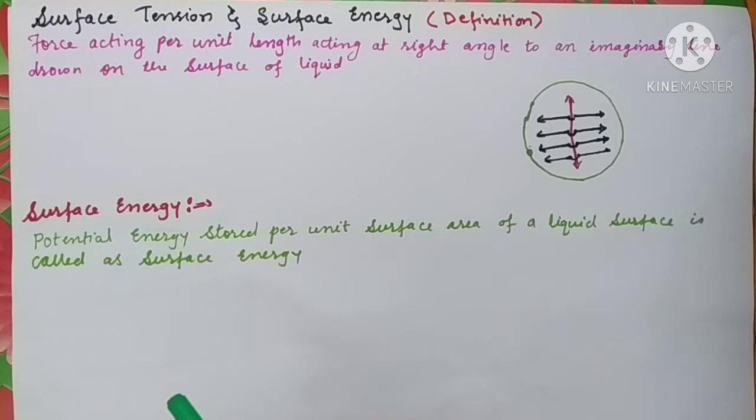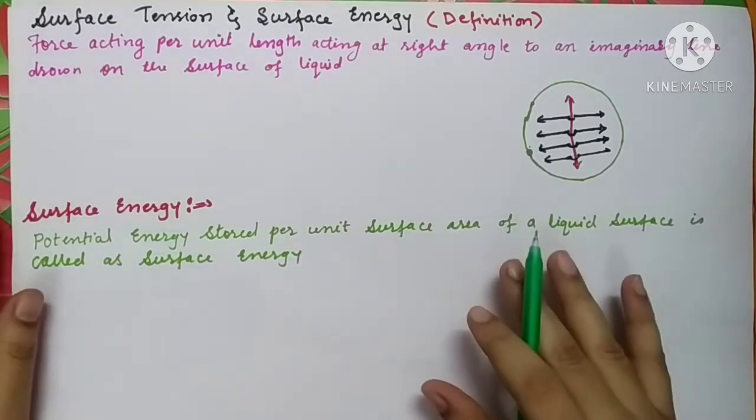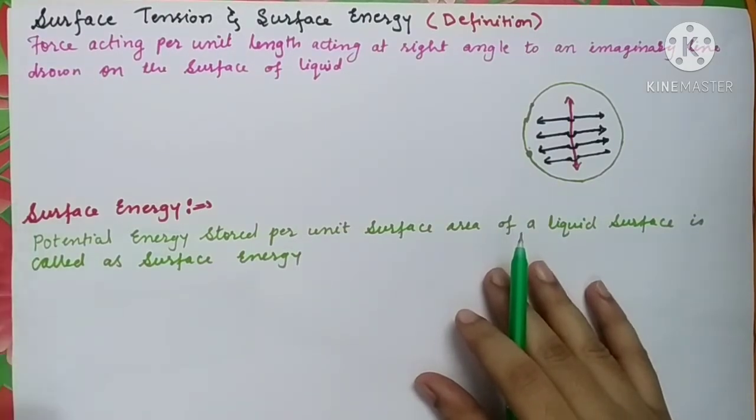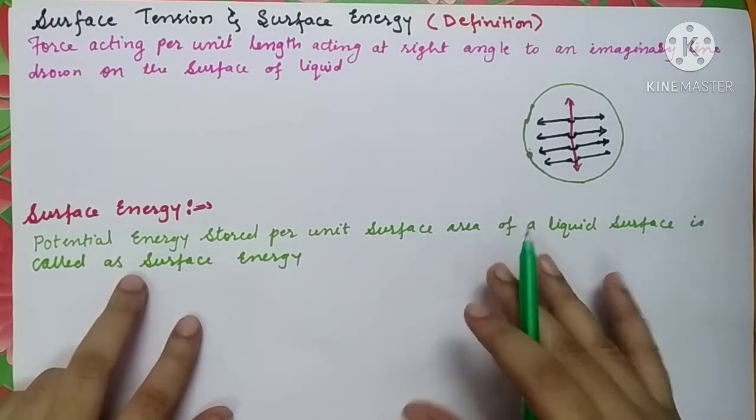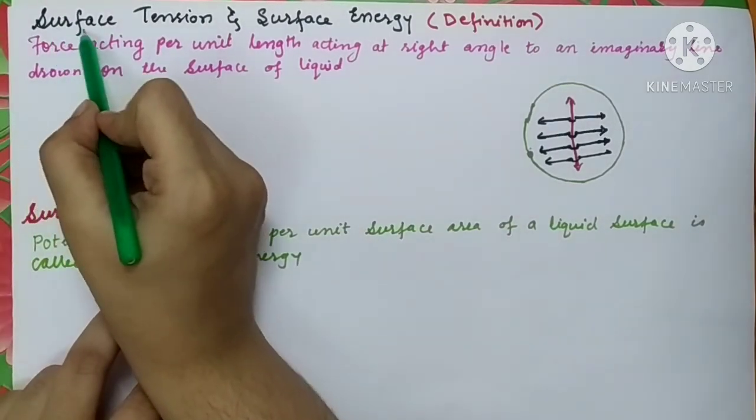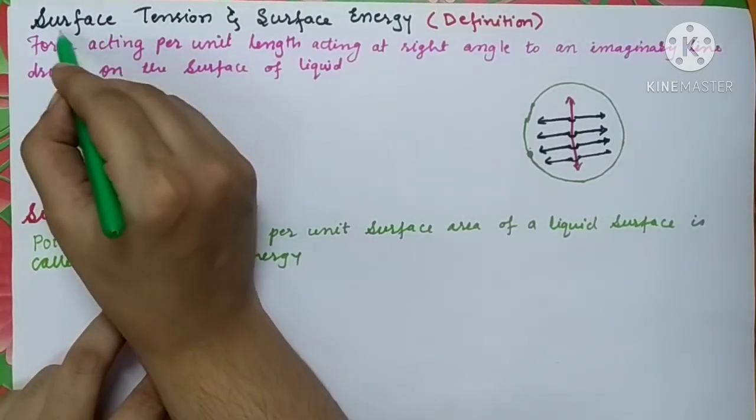In the last lecture we had seen the concept of surface tension, but its definition is not yet done. So today we are going to define surface tension as well as surface energy.